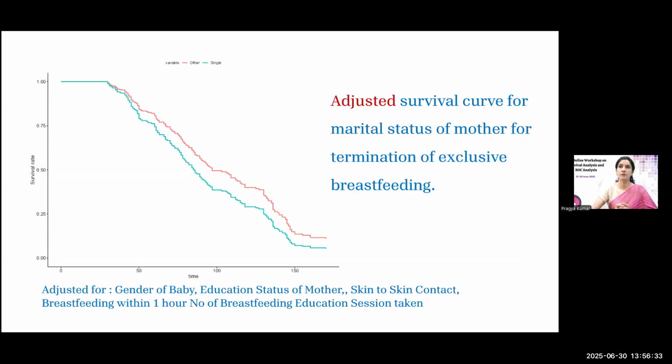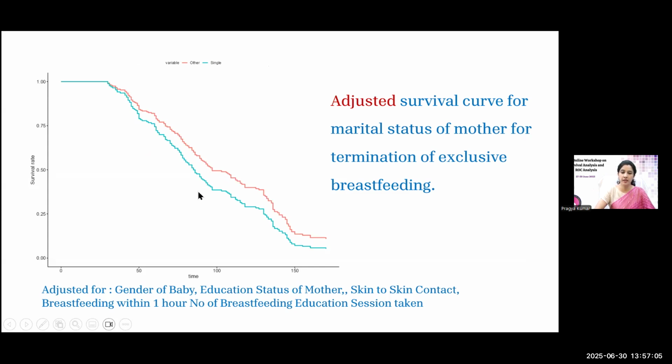Now coming to the adjusted survival curve for marital status of the mother and termination of exclusive breastfeeding. In the initial two, we had the unadjusted curves, where women who were non-single and had low literacy had better survival probability. But if you get an adjusted survival curve, you can see that the non-single women still have better survival.